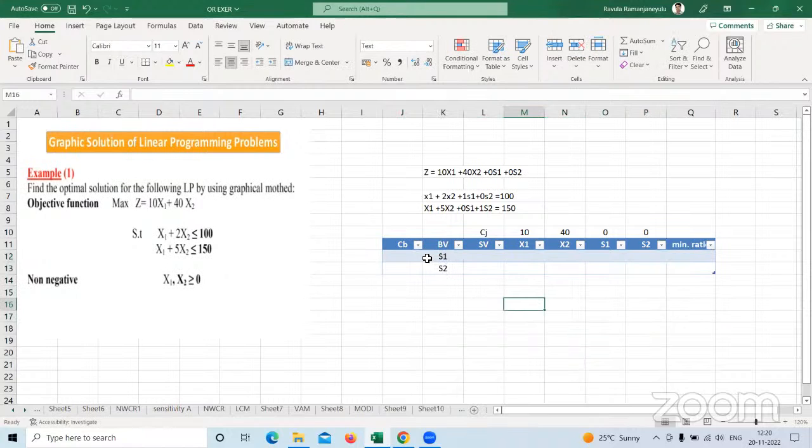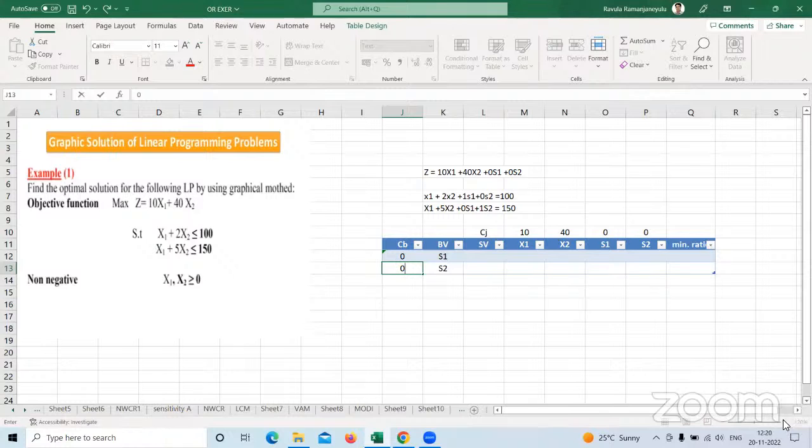S1, S2 are the basic variables, and the basic variable coefficients of the objective function we need to take as 0 and 0 only. So both are 0 in the first table.